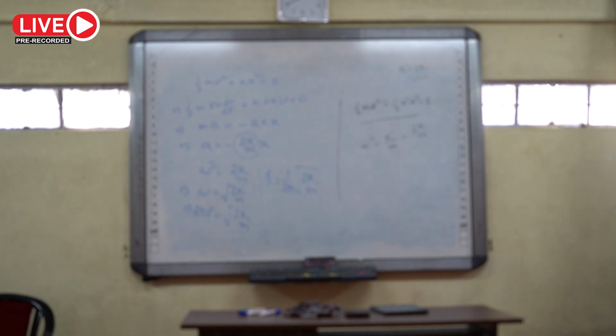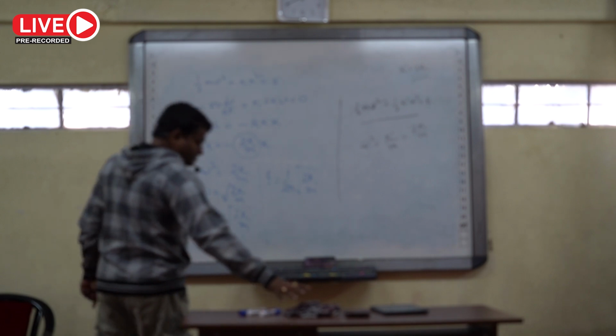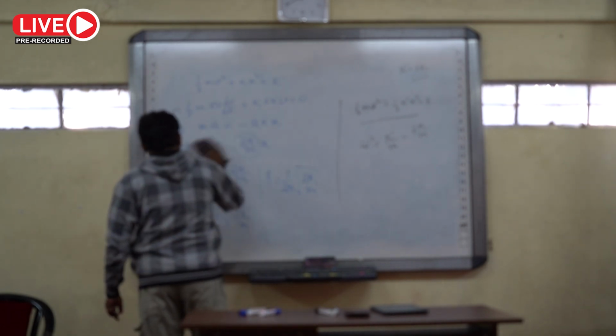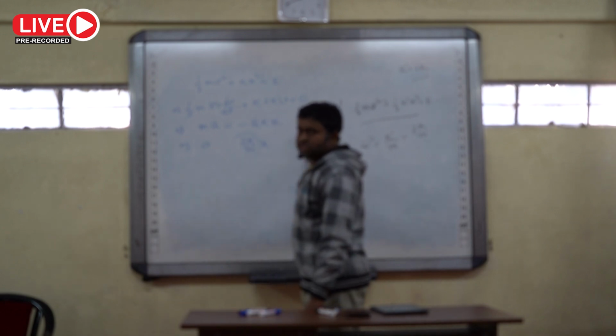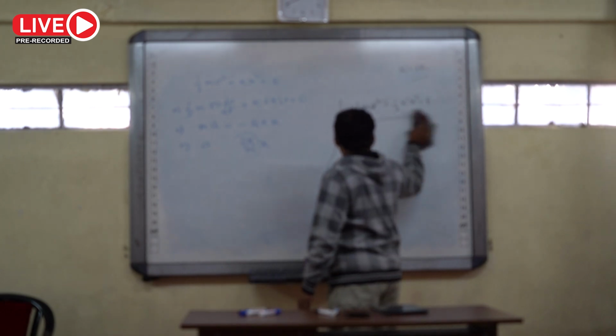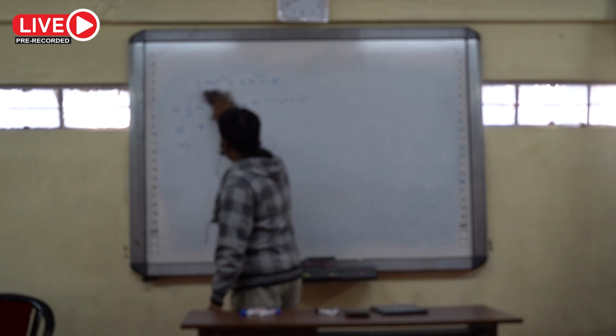Total mechanical energy is half m omega square capital A square for a simple harmonic oscillator, because total vibrational energy means kinetic energy plus potential energy. So the total energies are equal, as mentioned in the problem.